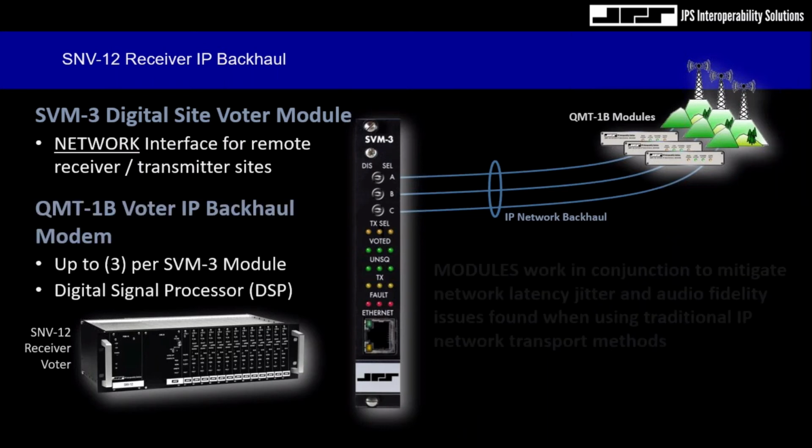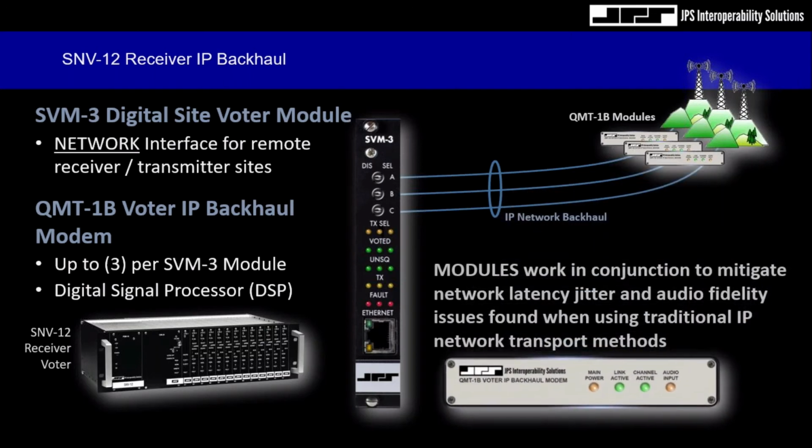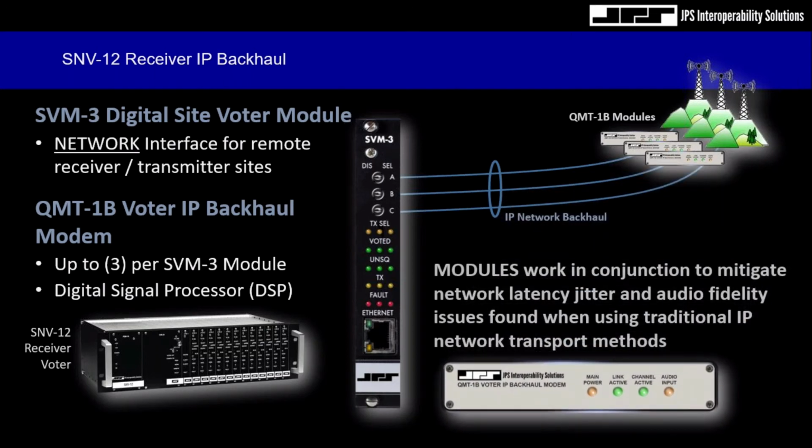A module that works in conjunction with the SVM3 digital site voter module is the QMT1B module. The QMT stands for Quality, Measurement, and Transport. This module is co-located at the receiver site, and this allows for the immediate capture of analog FM spectral noise prior to compression of the received audio in the form of RoIP.